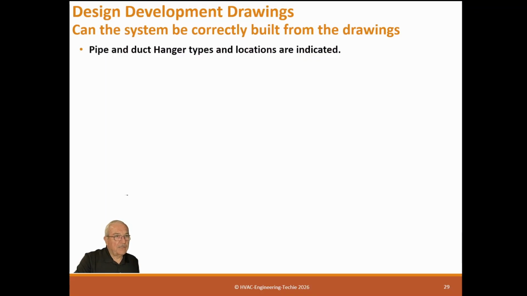Pipe and duct hanger types and locations are indicated. Trapeze type hangers are actually engineered to load either by the designer, or else the designer specifically specifies that the contractor should provide those engineering services. But you can't just guess at what you can put on a trapeze hanger.